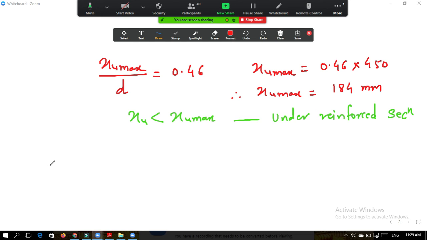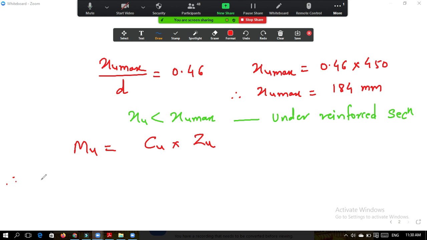So in the same formula, instead of Xu you should put Xu max, to calculate Mu. Don't go for Tu into Z in case number 2 and case number 3 of the T sections.